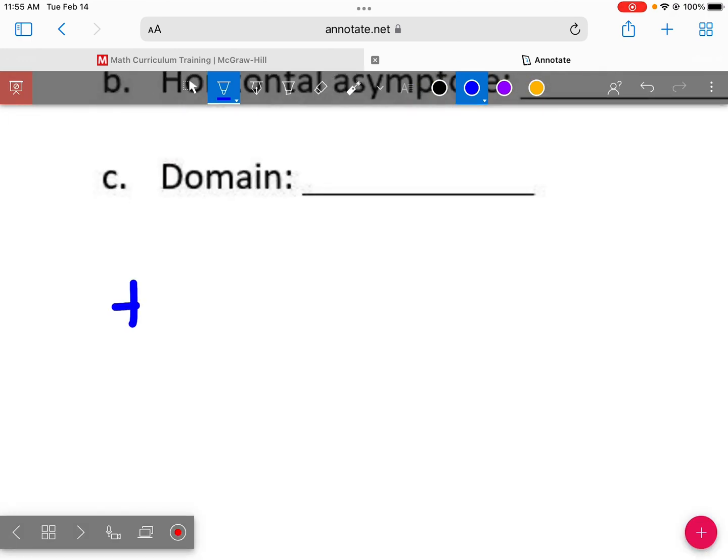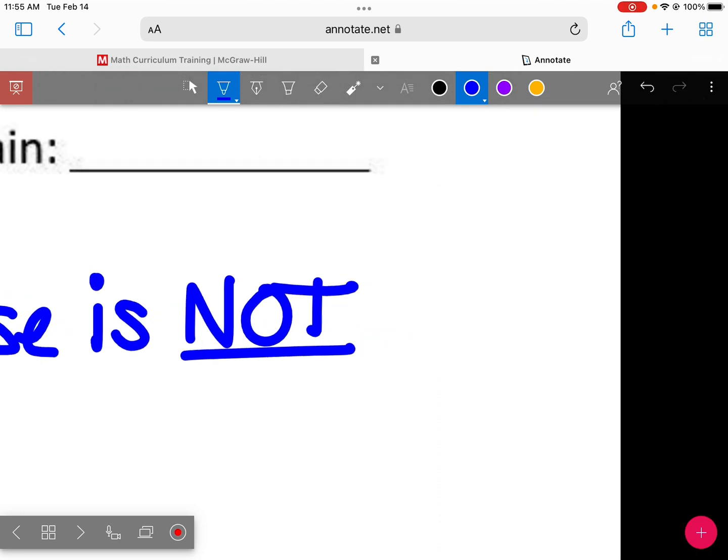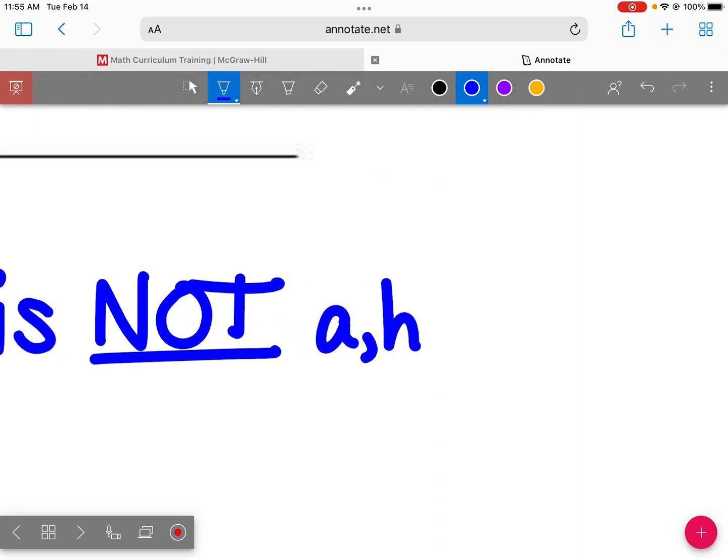Make yourself a big note on the bottom of the page. The base is not a, h, or k.